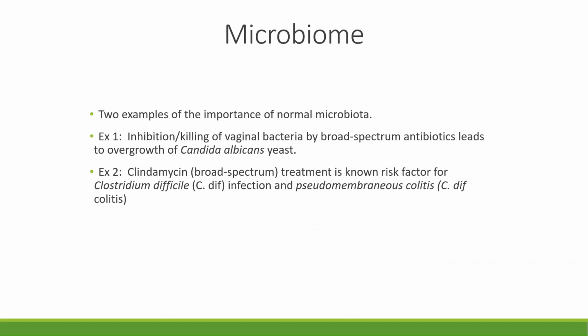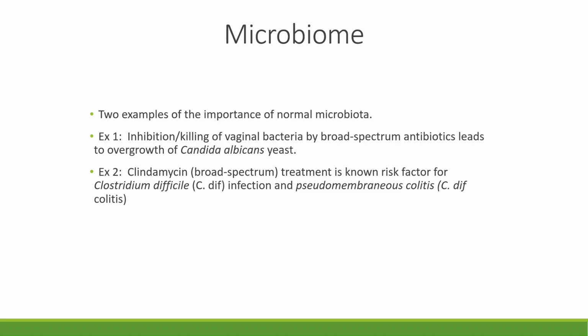Another example is the use of the antibiotic clindamycin. And this can disrupt a lot of different types of gut microbiota due to its broad spectrum activity as well. This increases the risk of infection by Clostridium difficile. Sometimes in the health industry, it's just referred to as C. diff.